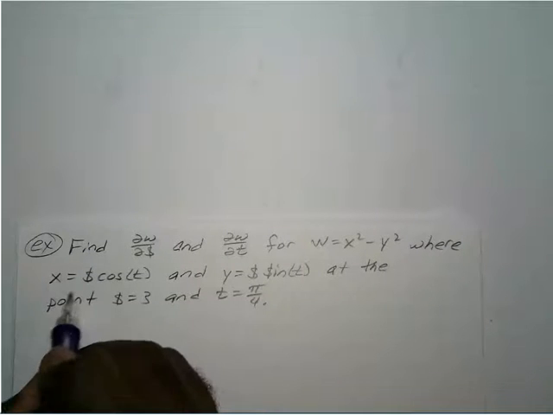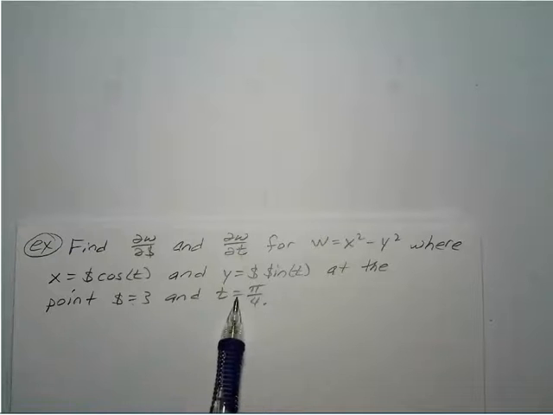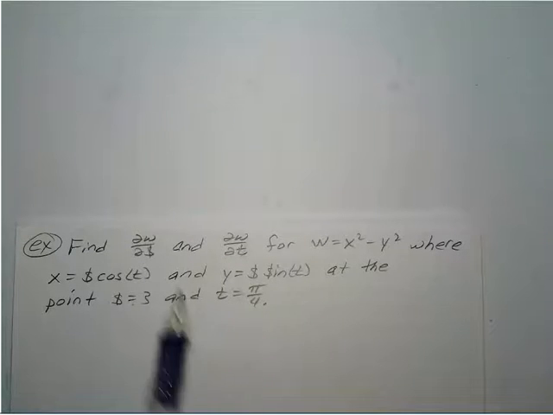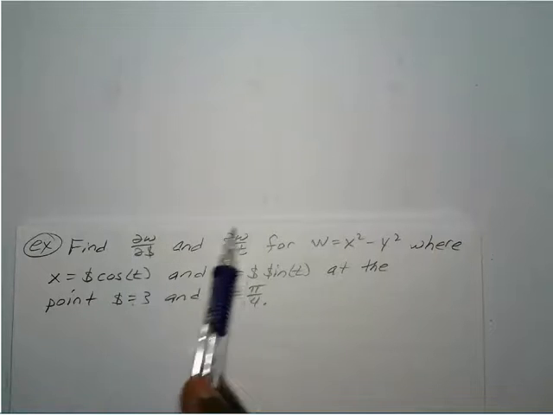Okay. Now the s equals 3 and t equals pi over 4, we're going to do that at the very end. The first thing we got to worry about, finding those two.